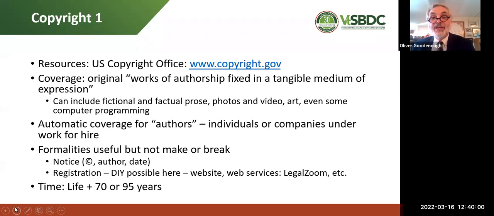And it has twice extended that now out to 70 plus and 95. A hundred years ago, it was a much shorter time frame. It's not just the Disney Corporation, but they have been the leaders in that lobbying effort to extend the protection of things that exist.